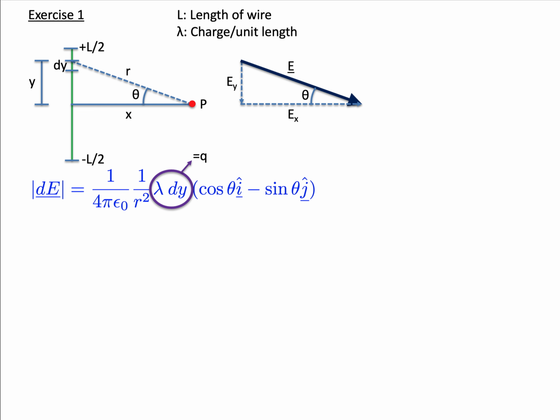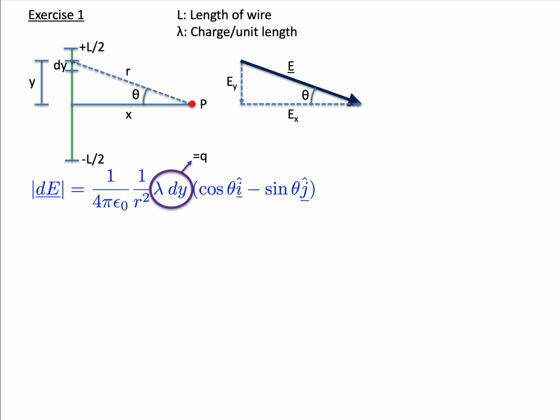The cos theta i gives Ex, which we can see from the electric field vector diagram, where cos theta equals Ex over the length of E, and the sine theta j gives the y component.